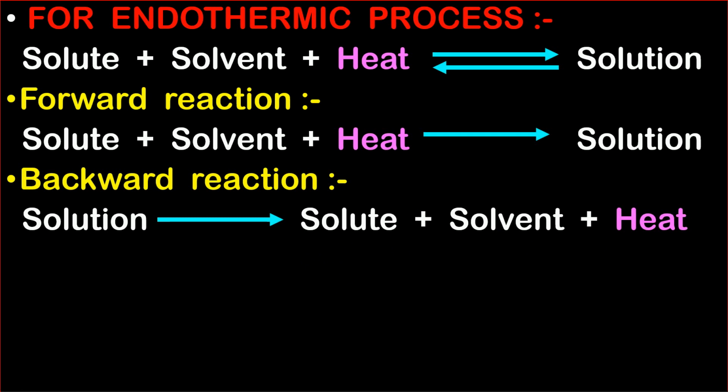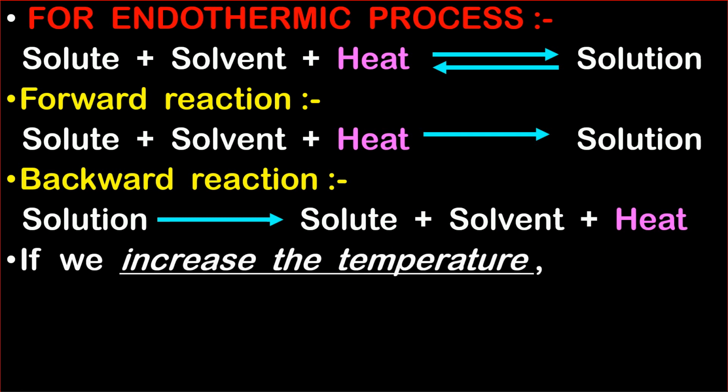Now if we increase the temperature, guys, can I say that we are going to supply heat? By increasing the temperature, we are going to supply heat. Now focus on the forward reaction and the backward reaction. Which of them requires heat to get completed?